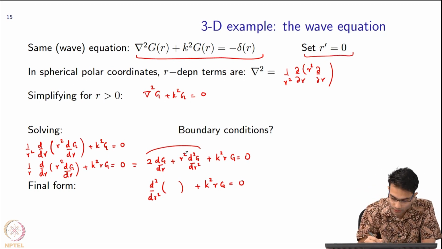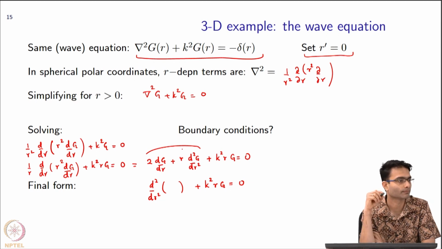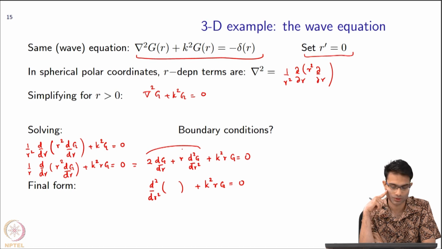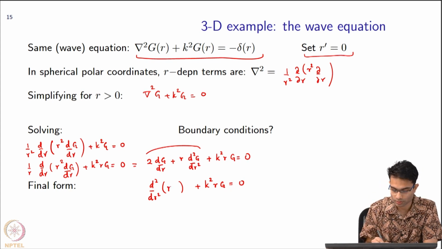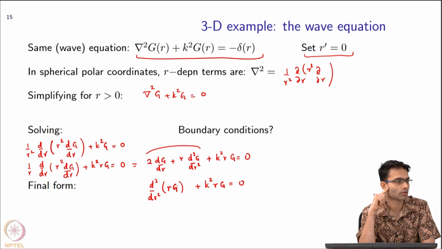Actually, I made one mistake here. This should be r, that one r got cancelled off. Definitely a g has to be there. What about simply rg?